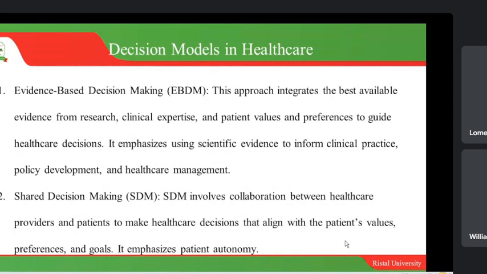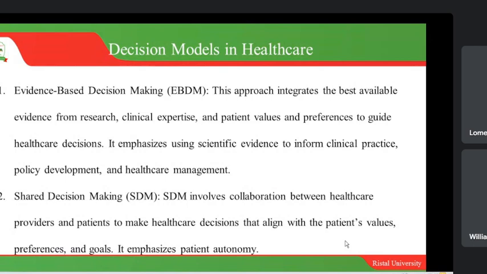The collaboration is specifically to make healthcare decisions that are going to align with patient values, preferences and goals. And this kind of model will emphasize patient autonomy.